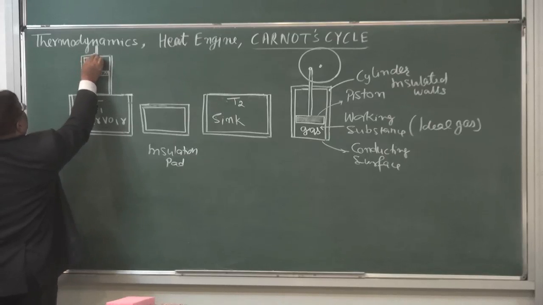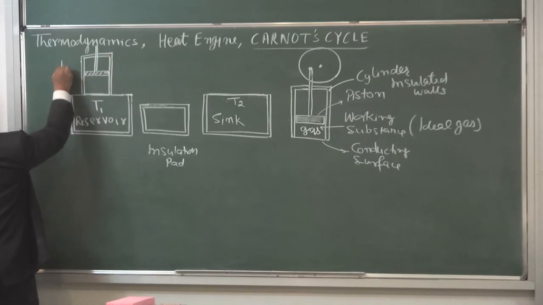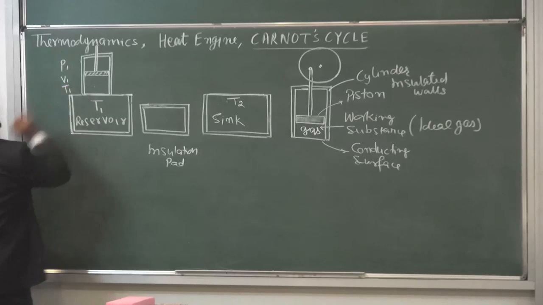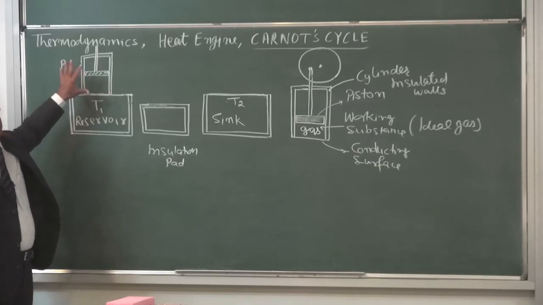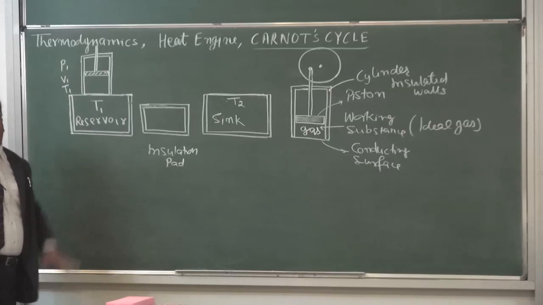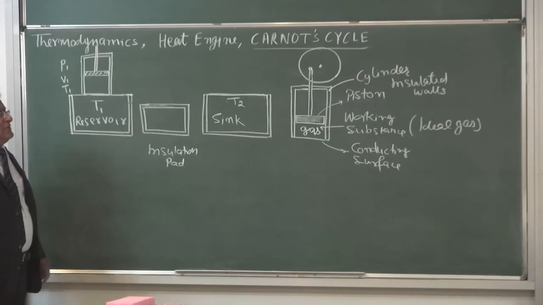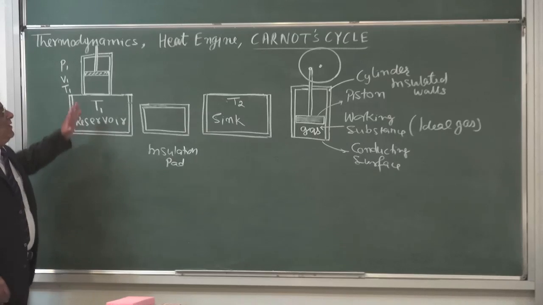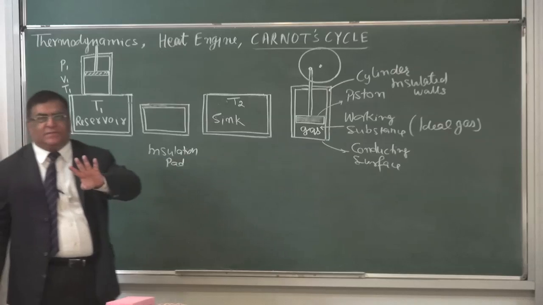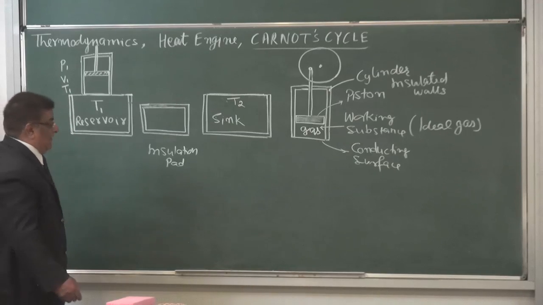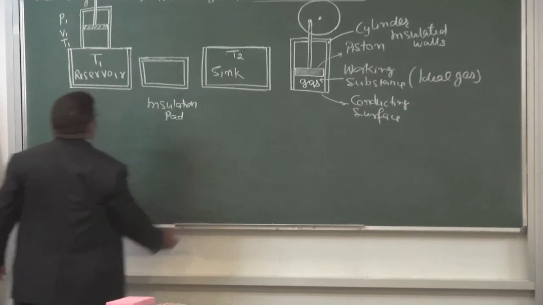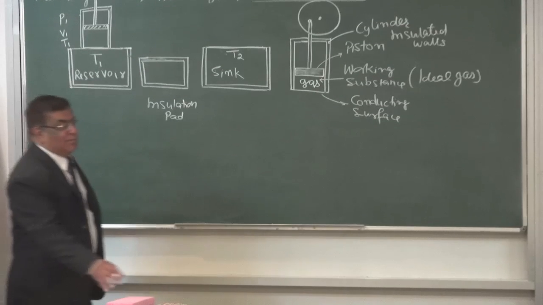At this particular instant, it has pressure P1, volume V1, and temperature T1. Now the process which takes place: we will take 4 steps, and for every process we will write certain points so that we remember clearly and don't leave out any detail. The first thing is the name of the process.